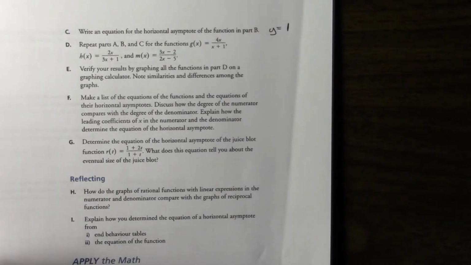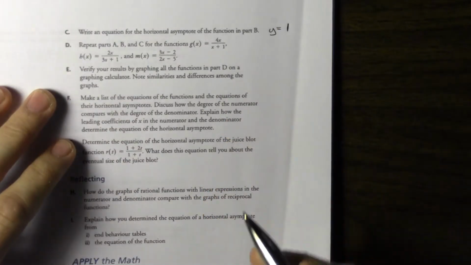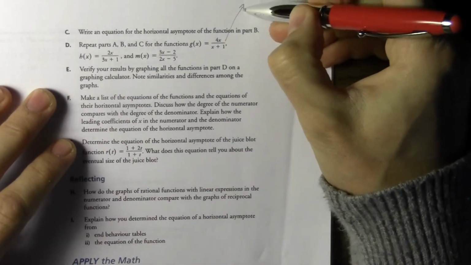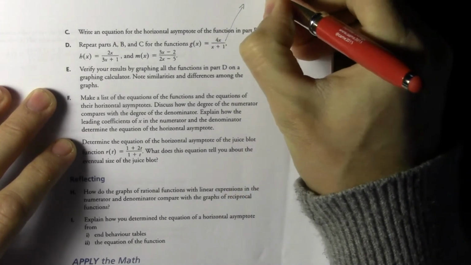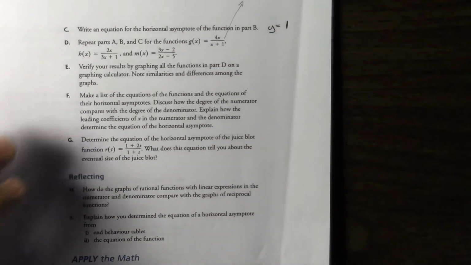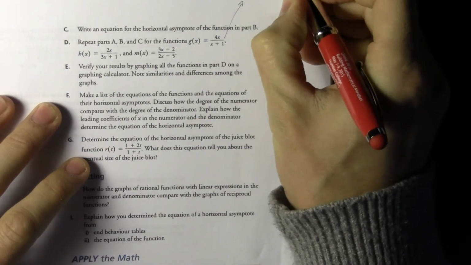Repeat a, b, and c for the functions. We're not going to do that for now, but let's do a little bit of it. We won't do them fully, but here we know that there's a horizontal asymptote at y is equal to 4.